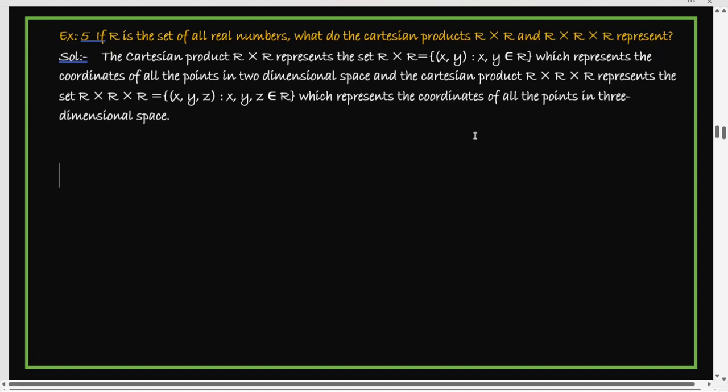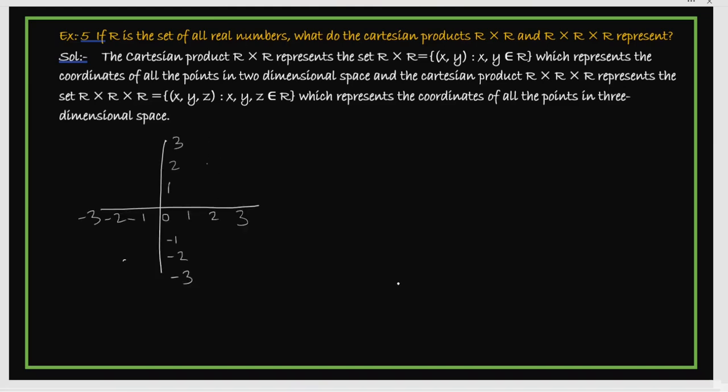This is interesting because in coordinate geometry, you will be learning this two-dimensional representation, which is a graph. And if you want this R in the third dimension also, if R into R into R is there, you can have a Z-axis. This is the Z-axis.